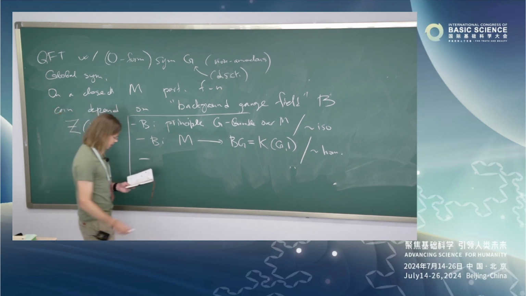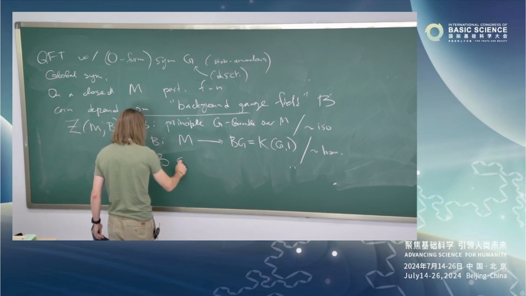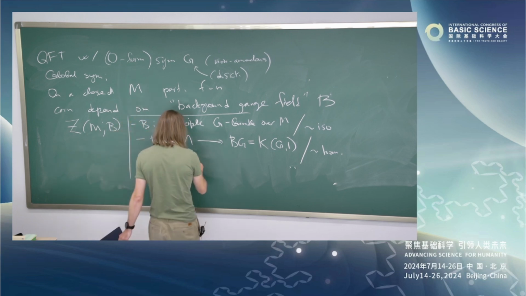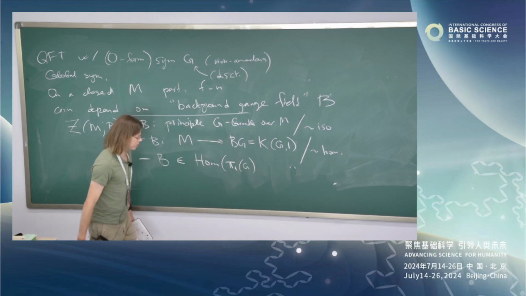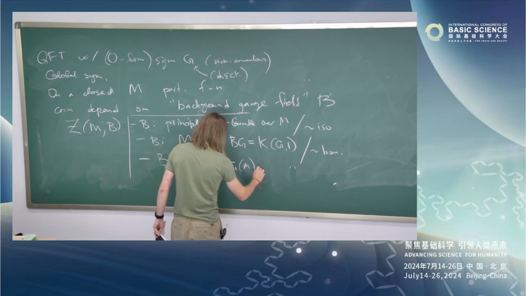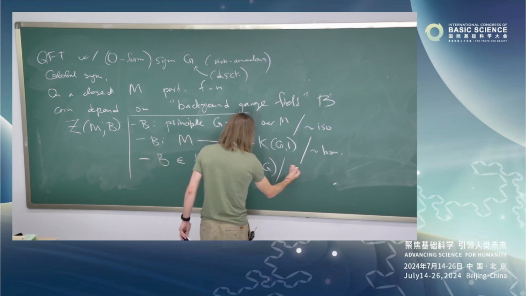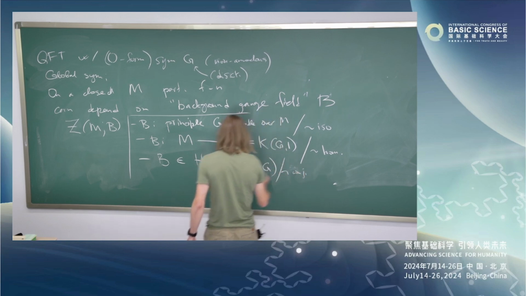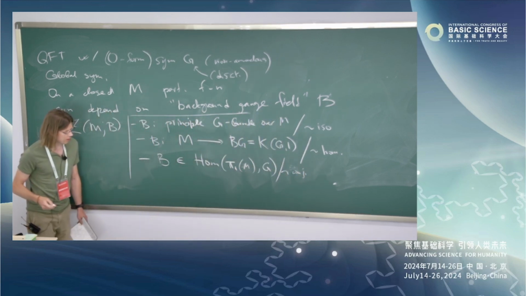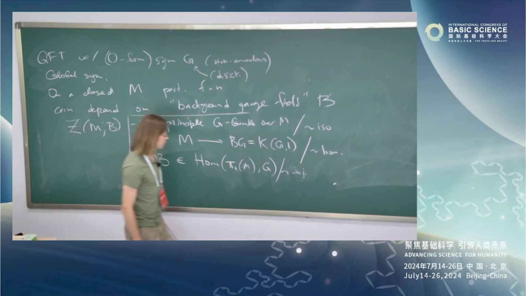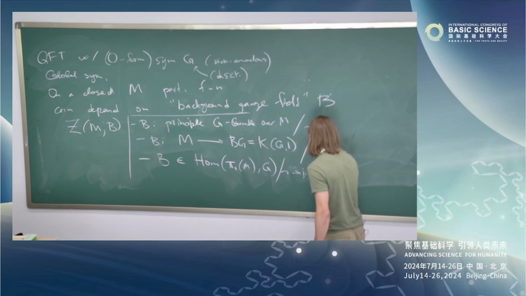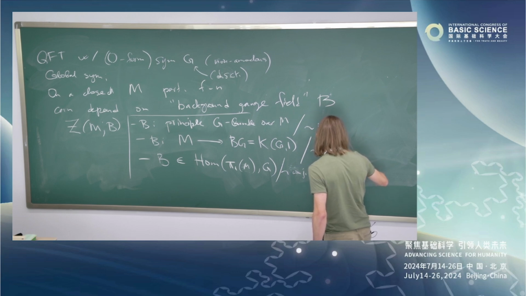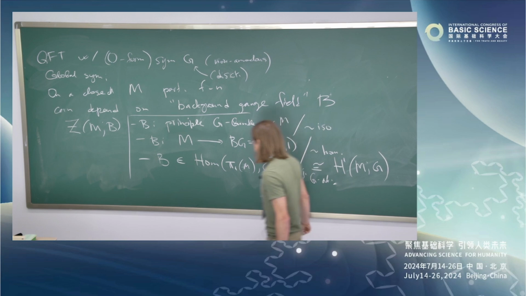Yet another description is to understand B as an element of Hom from the fundamental group of M to G, up to conjugation. This describes the set of all holonomies of our gauge bundle. And when G is abelian, this can also be understood as the first cohomology group of M with coefficients in G.